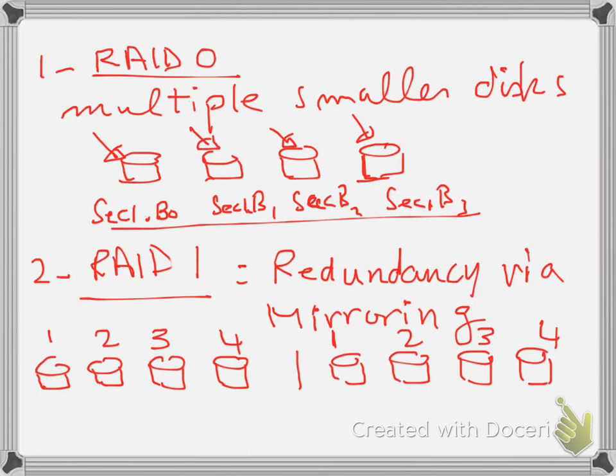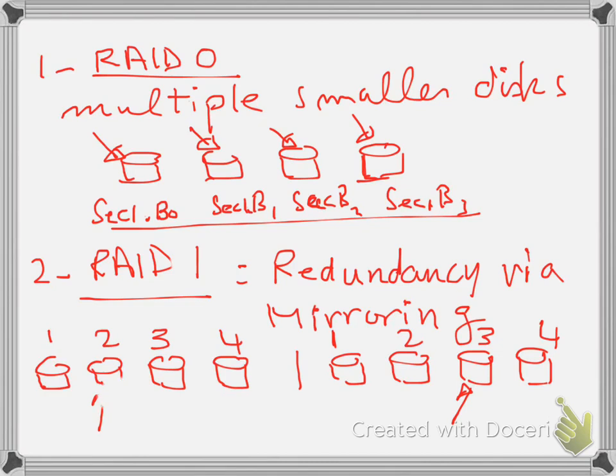But the problem here is that if I have 2 failures of the exact same disk, meaning this fails and its mirror fails, what will I do? Unfortunately, I fail. But if this fails, and this fails, then I have no problem. Correct?